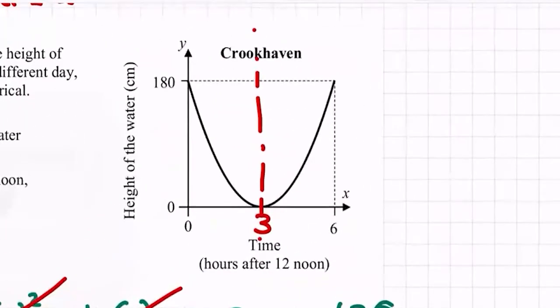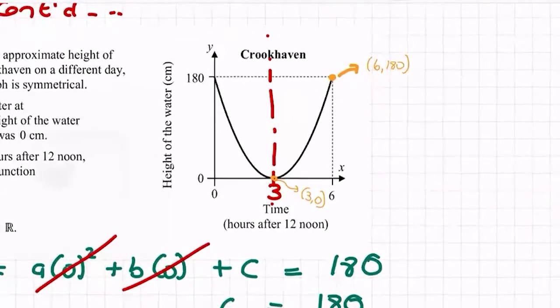Okay, let me zoom in on it. Well, this point here is an easy enough one to read off. It is (6, 180). Just make that a little bit thicker, it's quite thick. (6, 180). And the other point I would use is this point down here, which is (3, 0). Now in theory, you can use any points along the curve of a graph.